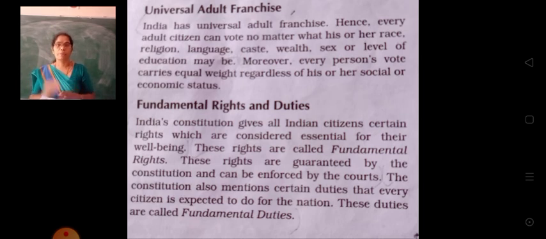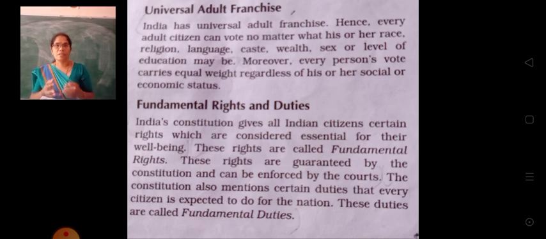Moreover, every person's vote carries equal weight, regardless of social or economic standing. Another feature of our constitution is fundamental rights and duties.